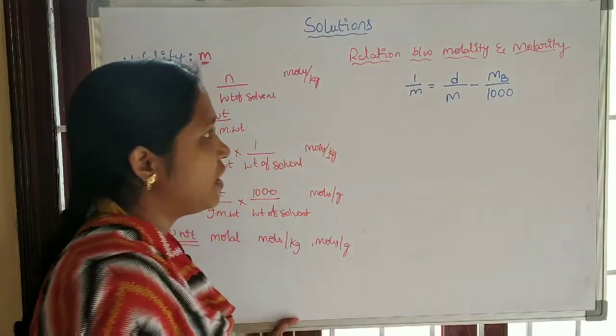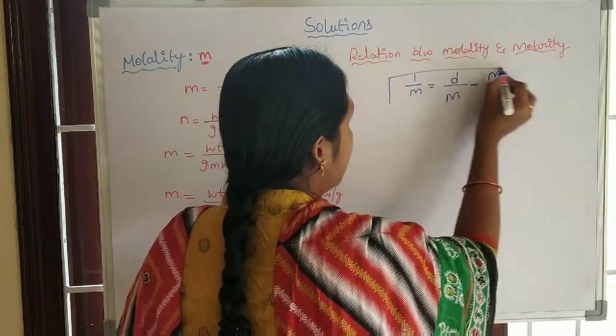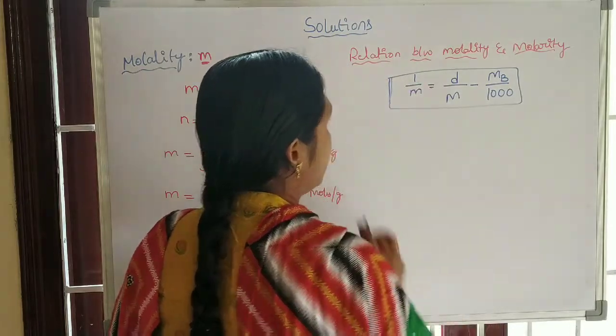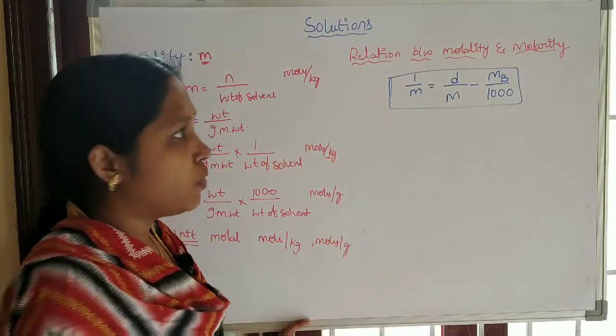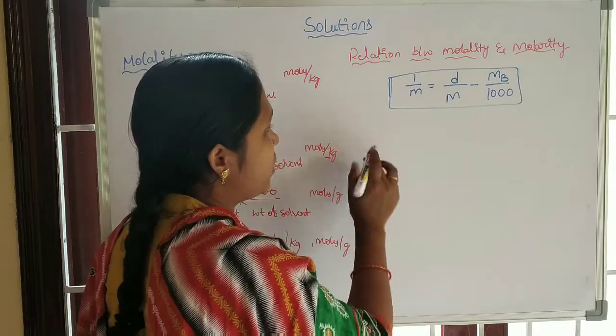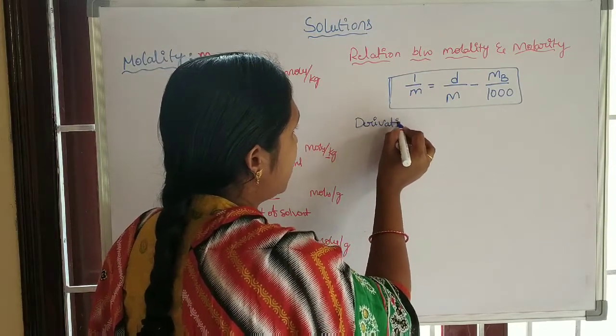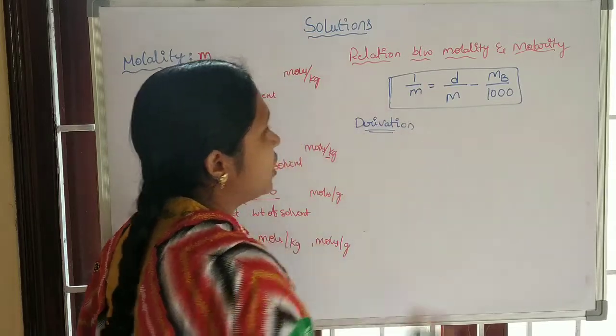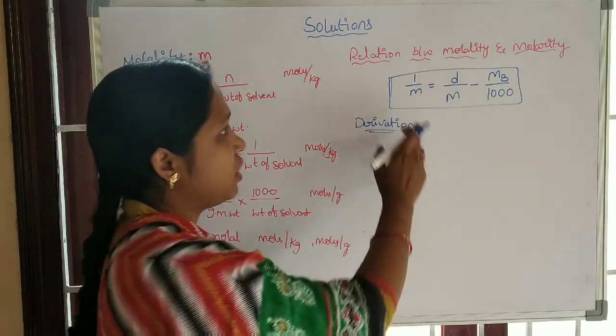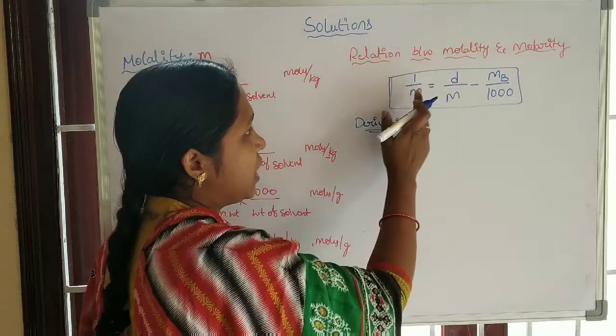This is the relation between molality and molarity. Now we will see how we get this equation. Derivation for the above equation. What is the relation between molality and molarity?